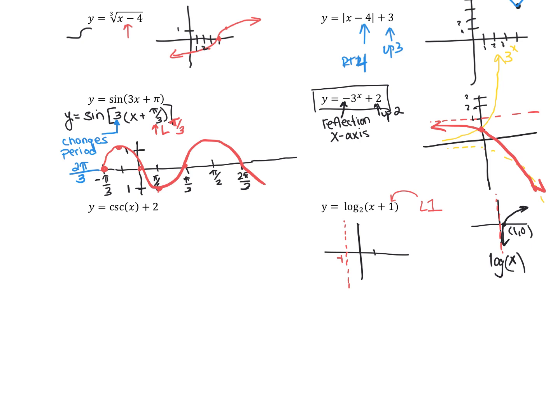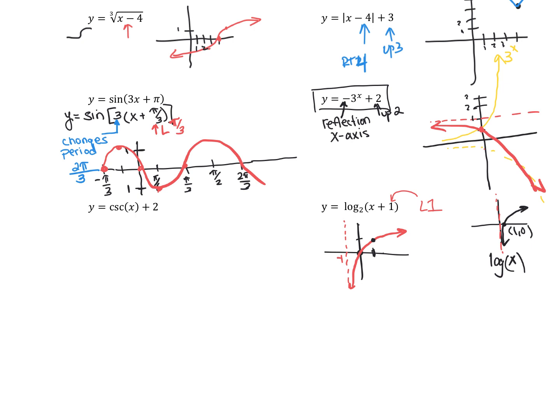So if you were at 1, 0 and you shifted it left 1, you're going to be right here. And our shape is going to be something like this. Now, if you wanted to have another ordered pair, you could plug in a 1. Log base 2 of 2 is 1 right there.